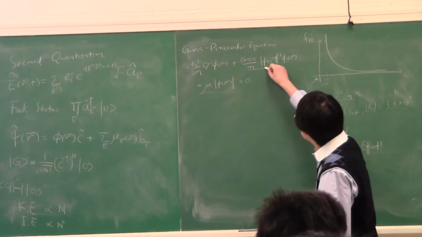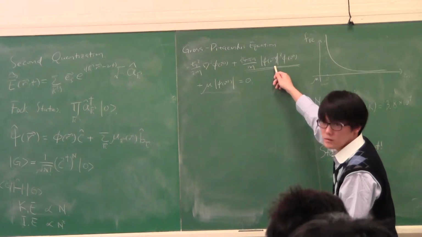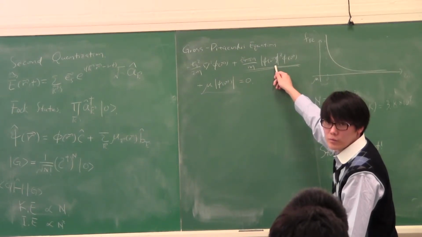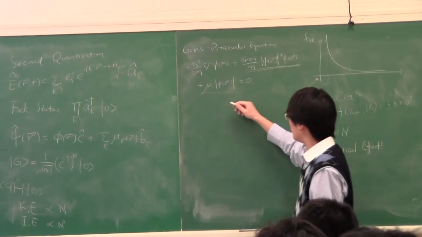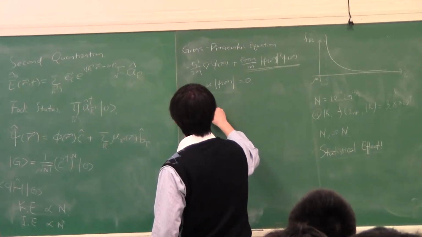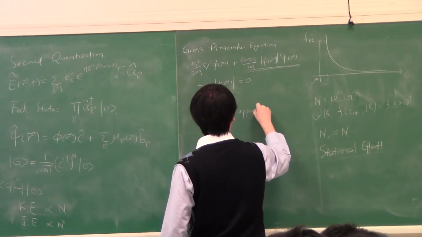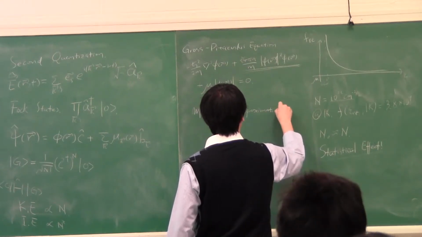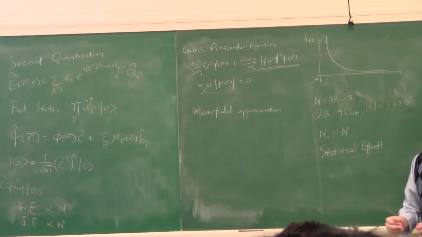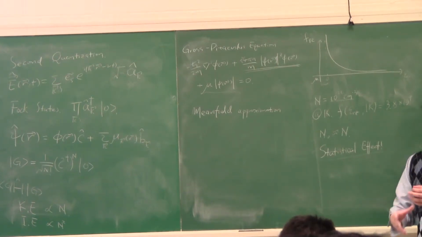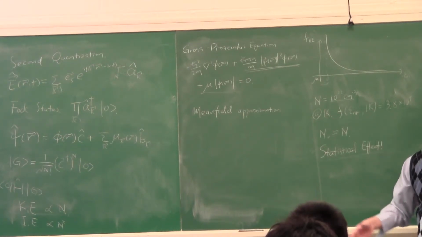And now let me focus on this one. Okay. So you see that now we have a potential that's dependent on the magnitude squared of the wave function. What does this mean? Well, actually we have done what's called a mean-field approximation to arrive at this. So what we do essentially is, instead of thinking about the detailed interaction of each particle with everyone else, let's say that the particle interacts with the mean field that's created by everyone else.